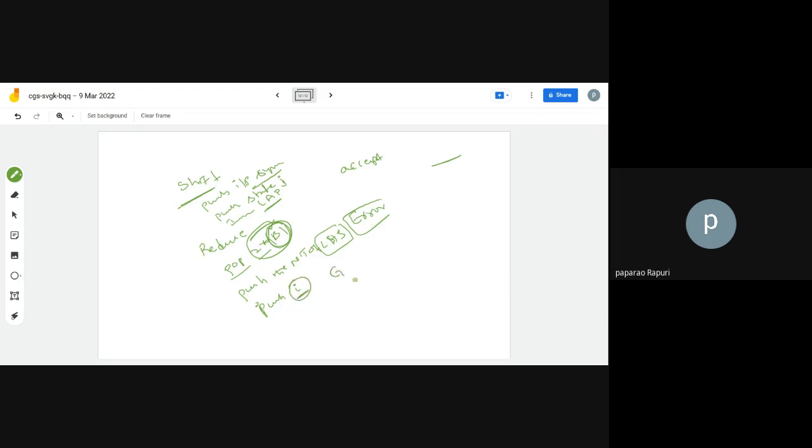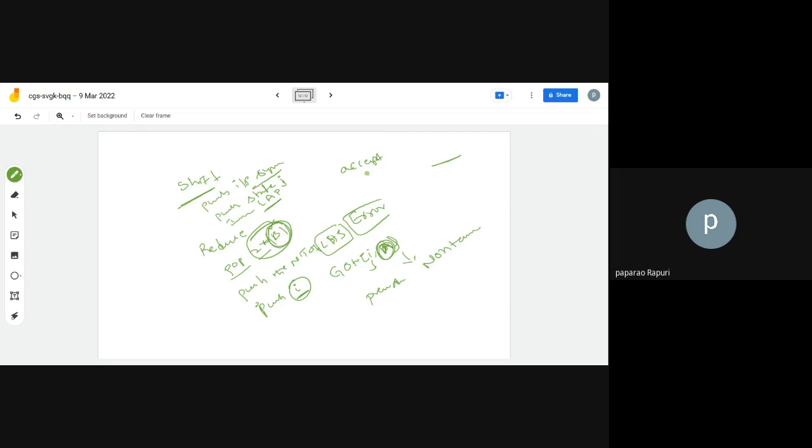How can we find I? Goto of I comma A. Here A is nothing but the non-terminal, and I means the previous state. So this is the thing we need to do.